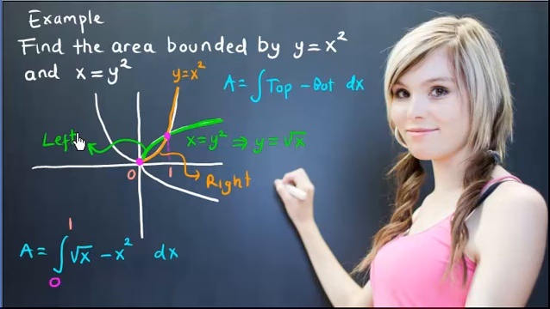Okay, so in this situation we can also use the type 2 integration. So the area will be integral of right minus left dy.